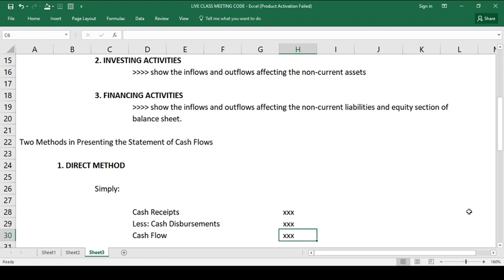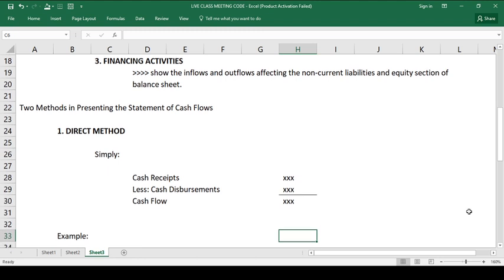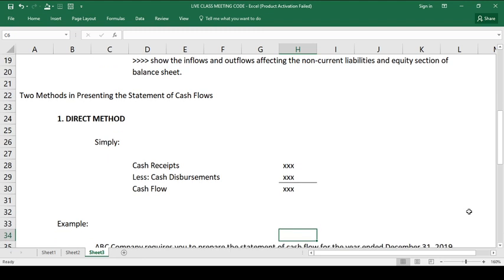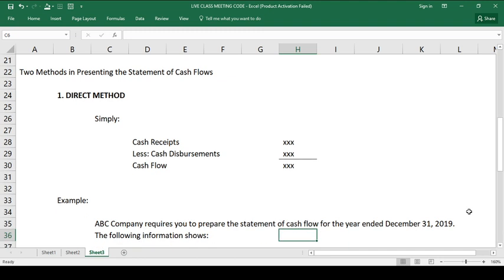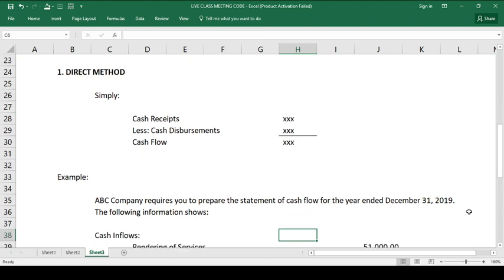Okay? So, how are we going to apply that? I prepare an example for this. For example, ABC requires you to prepare the statement of cash flow for the year ended December 31, 2019.